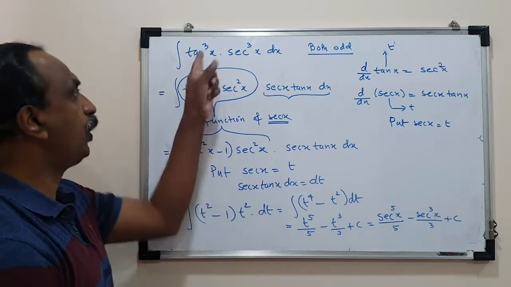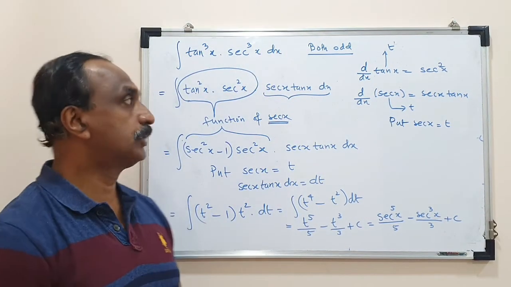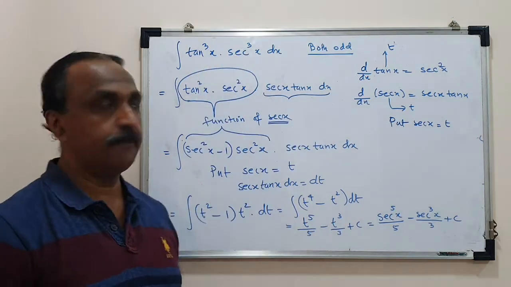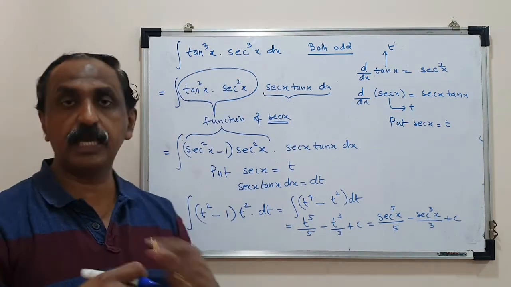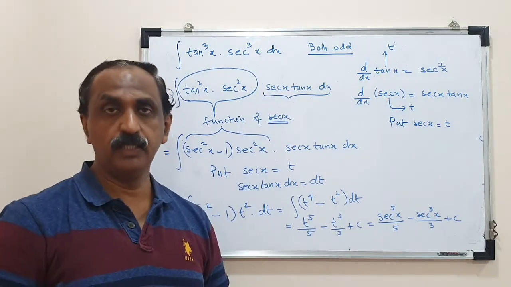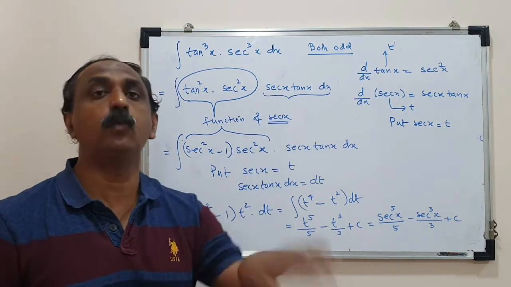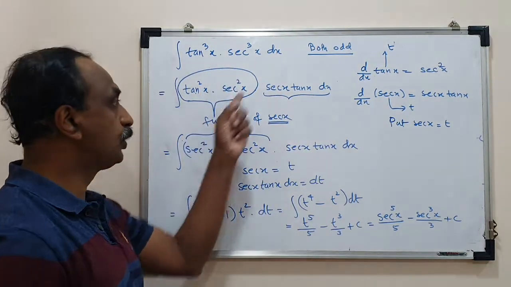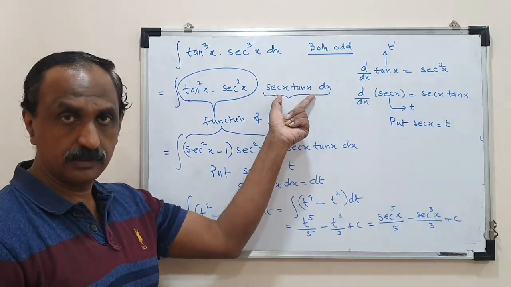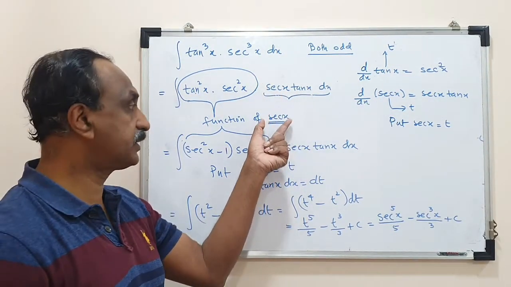So whenever odd or even powers of functions of sine, cos, tan, sec, cot come, you have to split them in such a way that one part is even, which can be converted to a different function. The other part is whatever is leftover, and that should be your dt part. So if this becomes the dt part, what should be t? And convert those into this. So I have sec x tan x as the derivative, so I can put only sec x as t.